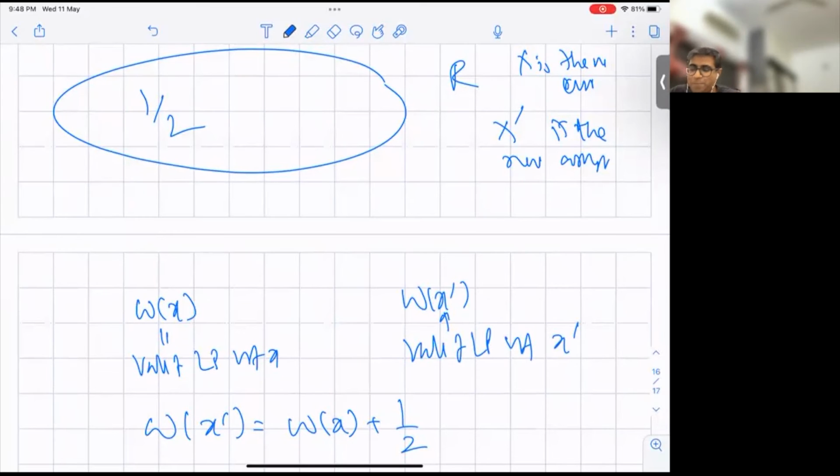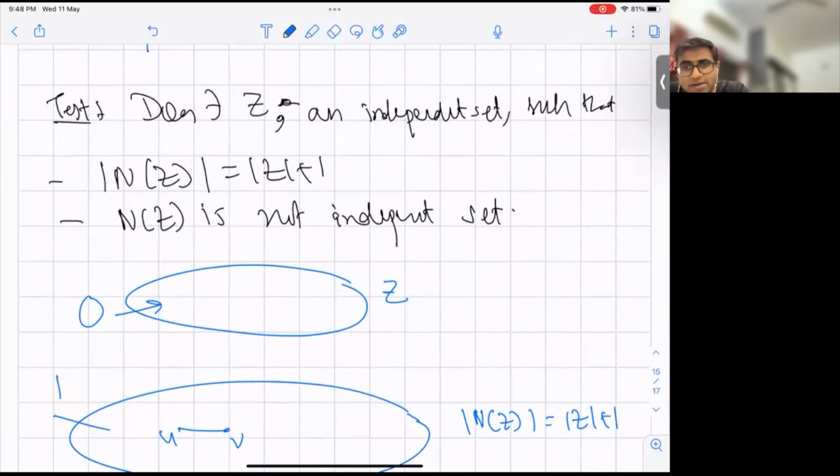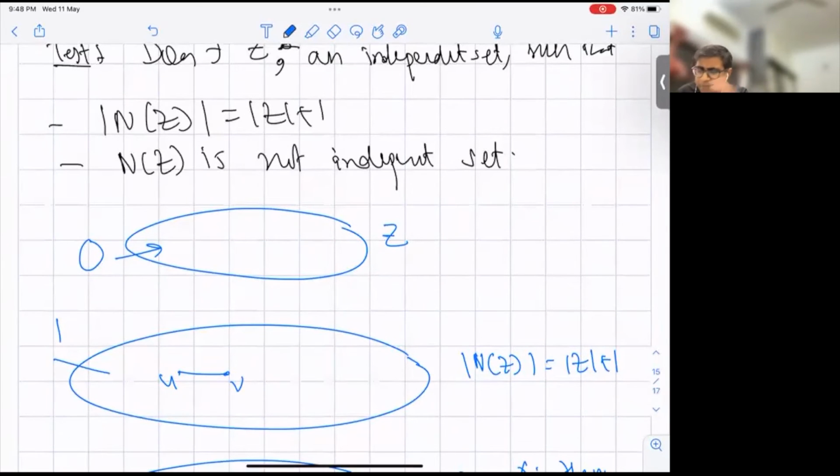So what we learned is that if there exists an independent set Z such that N(Z) is |Z| plus 1 and N(Z) is not an independent set, then something interesting happens.